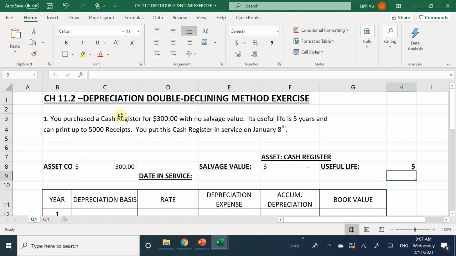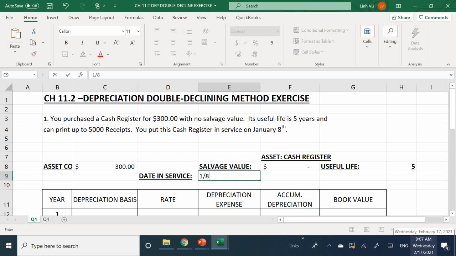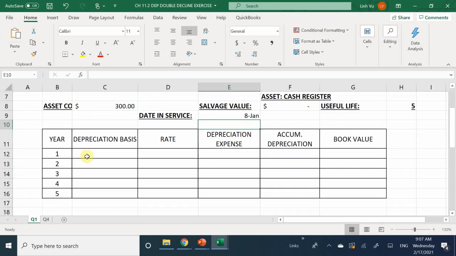And then when did I place it into service? January 8th. So that means, am I depreciating as of January or as of February? As of January, because it fell on the 8th. Okay, that's before the 15th, so that's definitely more than 50% of the month.